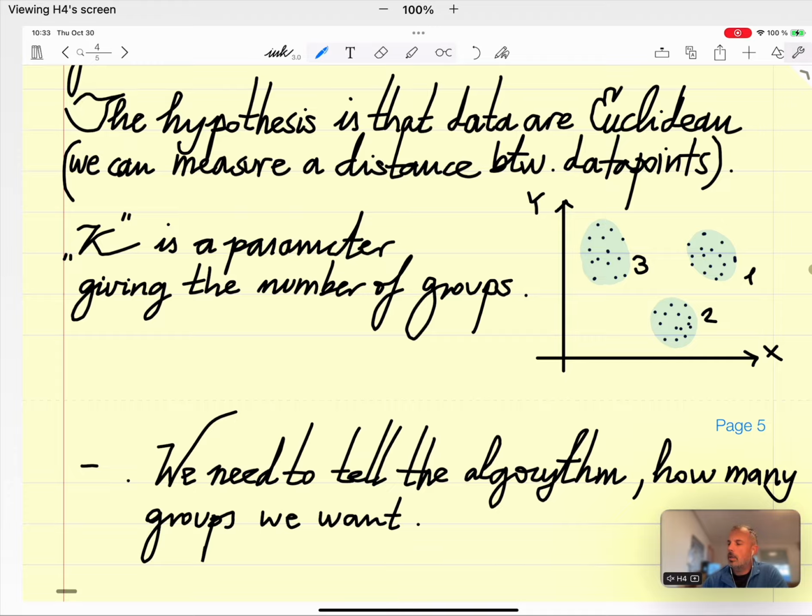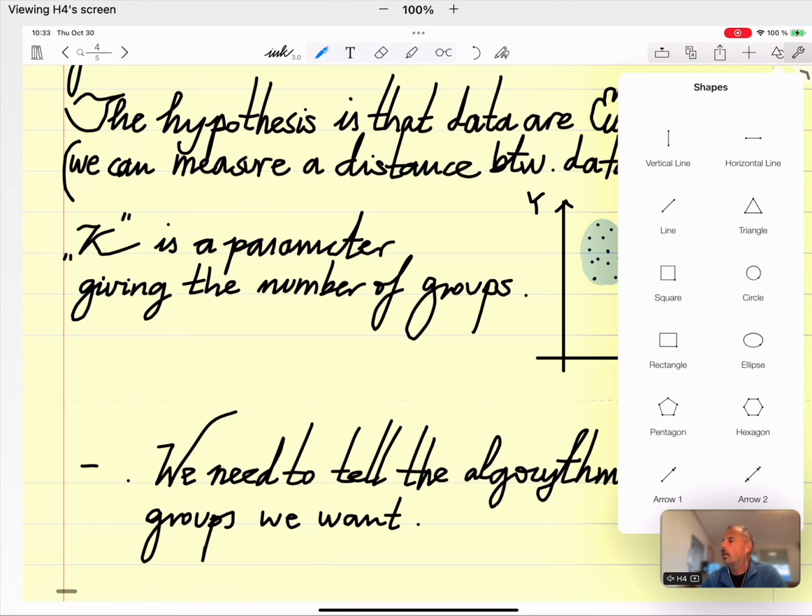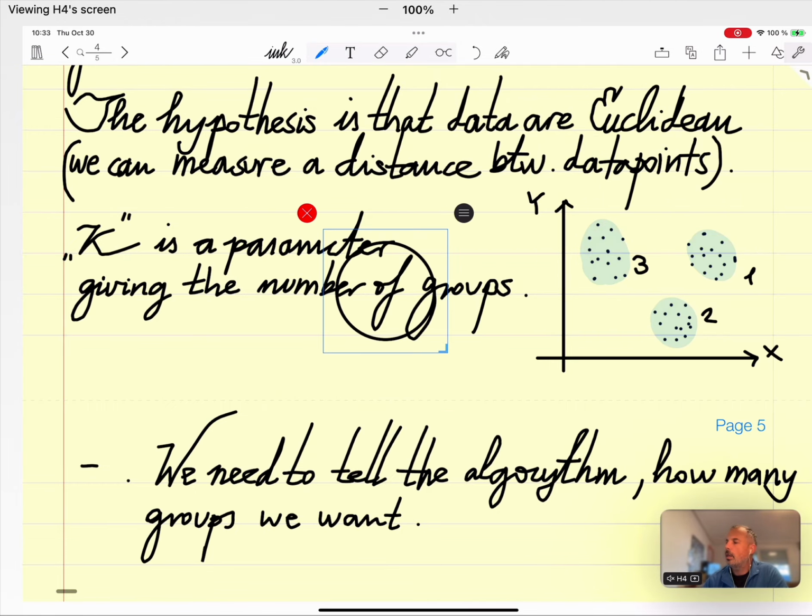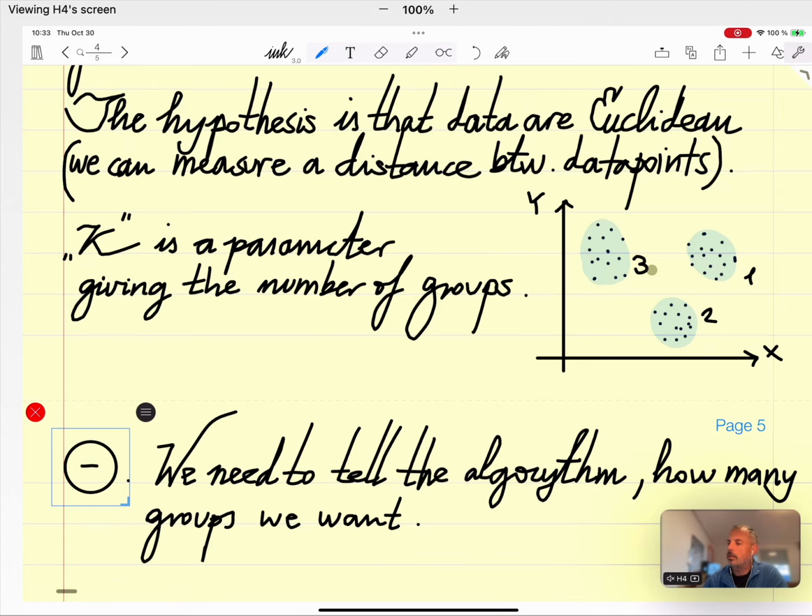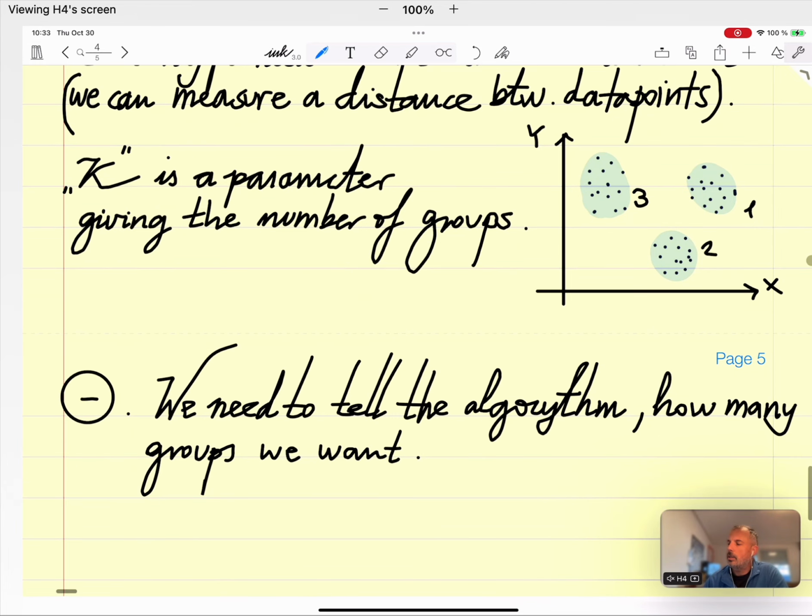This is always a tricky question. Sometimes with hundreds of thousands of data, it's difficult. Okay, so this is the downside.